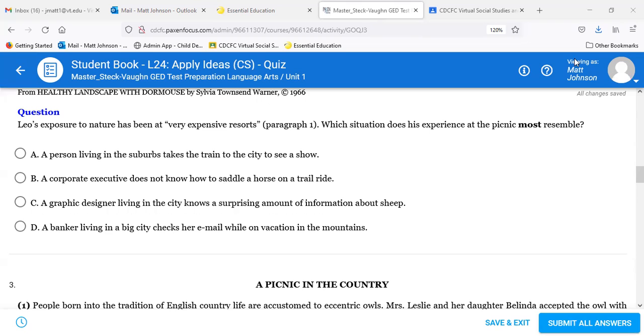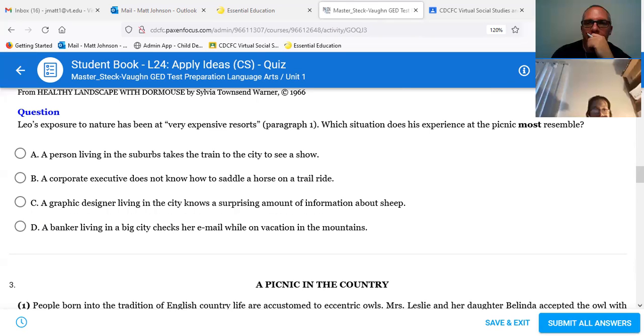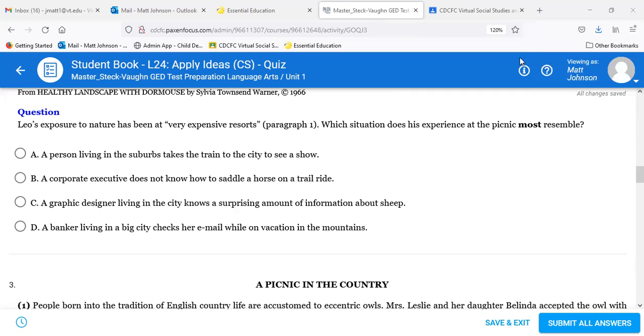B. A corporate executive does not know how to saddle a horse on a trail ride.